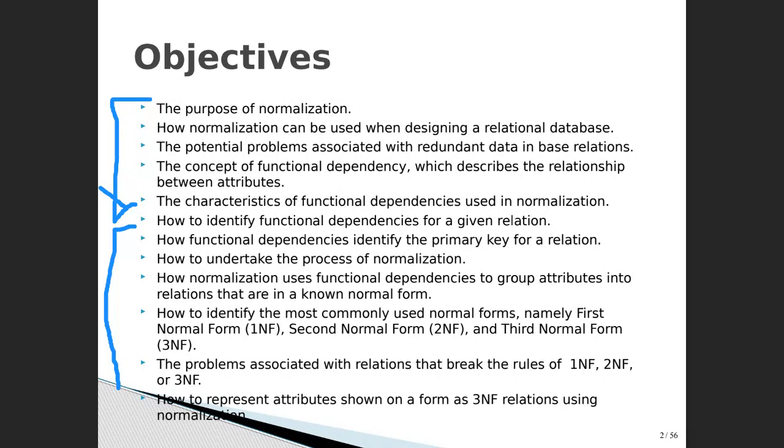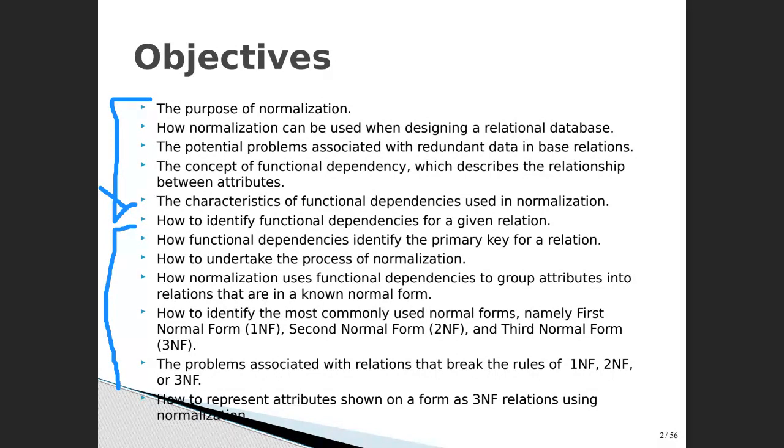Okay. So previously, as a recap, we have discussed information about normalization. We said the concept of unnormalized relation might cause some problems, like update anomalies might appear if the relations are not normalized.